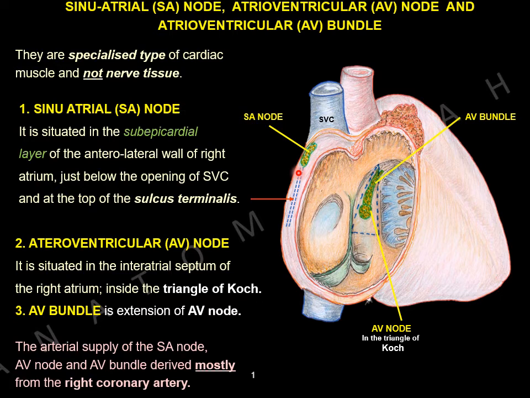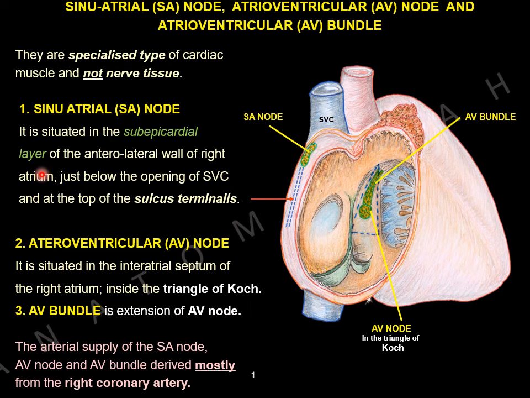Okay, let's go back to the histology or layers of the heart muscles. I hope you remember the visceral layer of serous pericardium is also known as epicardium. It covers the myocardium. Deep to the epicardium is subepicardial layer.